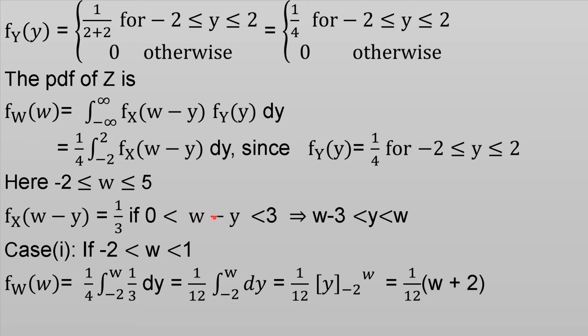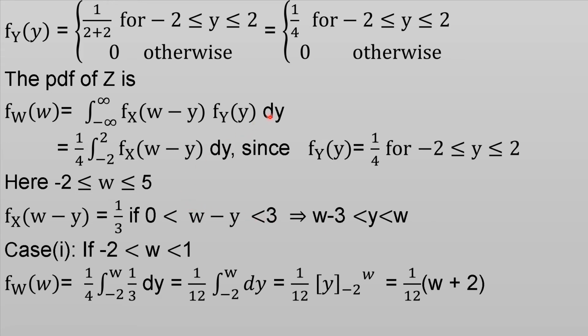W minus y less than 3 means w minus 3 should be less than y. W minus y greater than 0 means y should be less than w. So y should be less than w and greater than w minus 3.